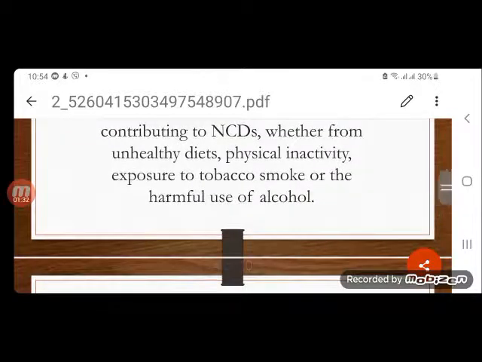You should know in this subject, non-communicable disease, the steps that the disease goes through. The first is the risk factor; the disease has not yet occurred. So in this stage, we can do the primary prevention.